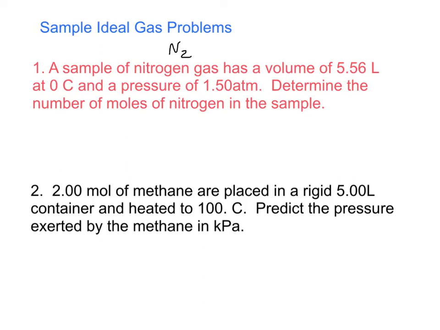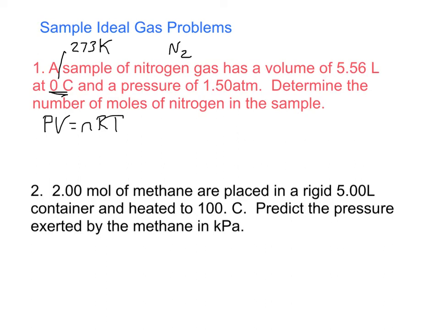So the first thing we have to realize is we cannot work with the Celsius temperature. We need to change it to Kelvin. And of course, we're just adding 273, so we can rewrite that as 273 Kelvin, which is equivalent to 0 degrees Celsius. Now we would begin with our ideal gas law, PV equals nRT.